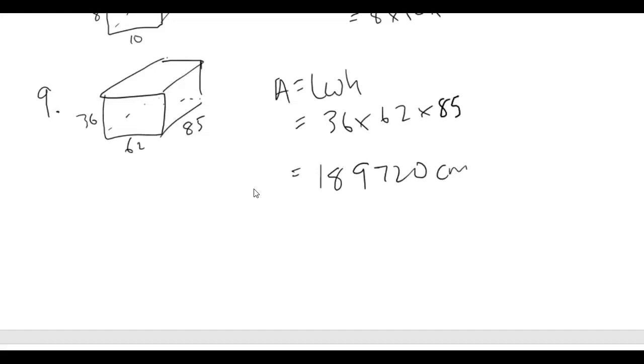189,720 centimeters cubed. Now, we do have to convert this into meters. So if I'm going from centimeters cubed to meters cubed, I'm going to be dividing. Now, there's 100 centimeters in a meter, and because we're working with volume, I'm dividing by 100 cubed. So I'm just going to do that on my calculator.